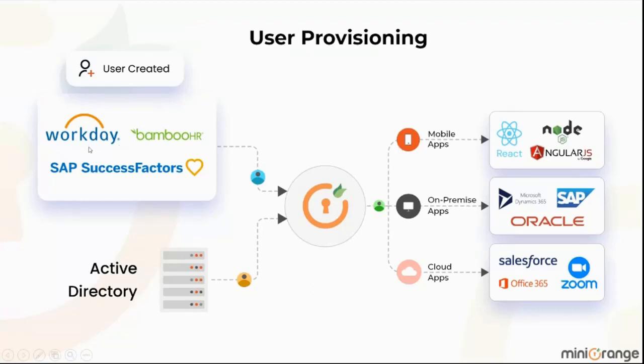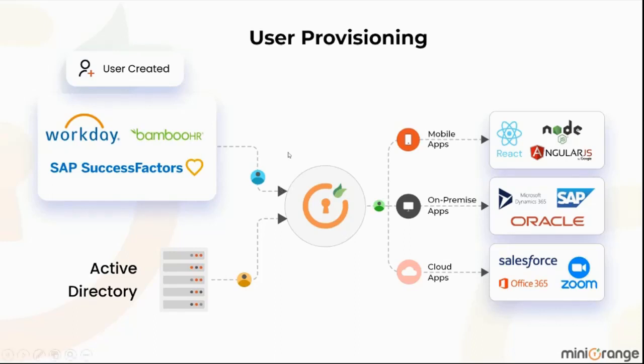Similarly, when the employee leaves or gets deleted from the HRMS or CRM systems, they have to delete the user manually from all those applications. This is provisioning and deprovisioning. You must have seen cases where your colleagues are still using their previous employer's email address, or have access to resources, because it's a manual process.